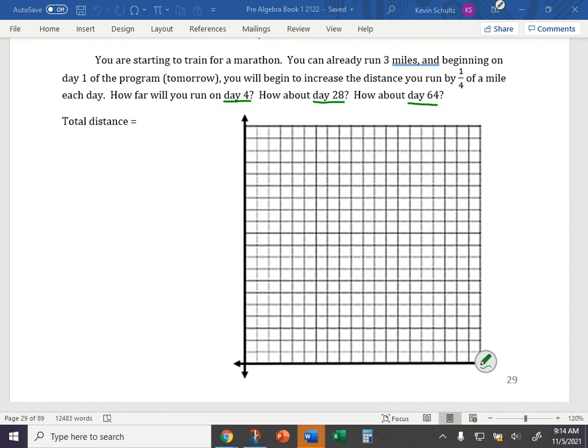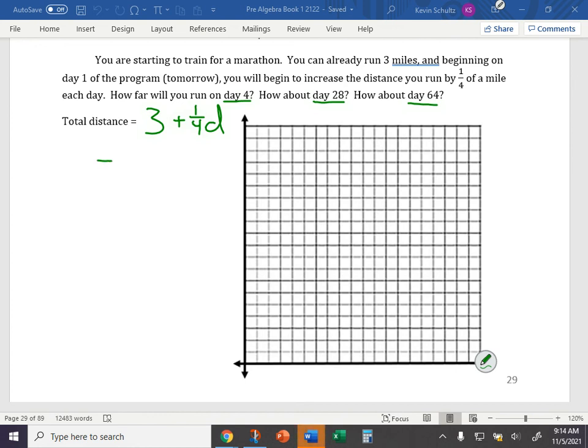Okay? You can represent this. You are increasing your total by 1/4 of a mile each day. You can already run 3 of them. And then you're increasing that 3 by 1/4 of a mile per day. So 3 plus 1/4 times d.